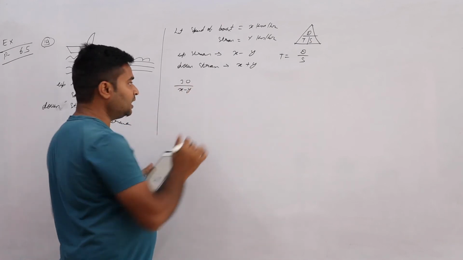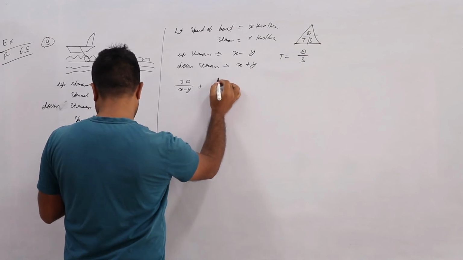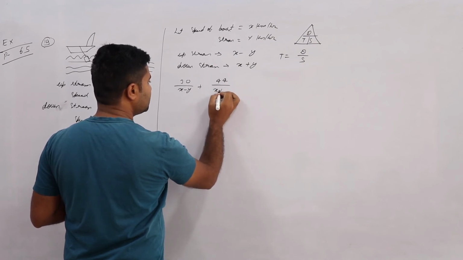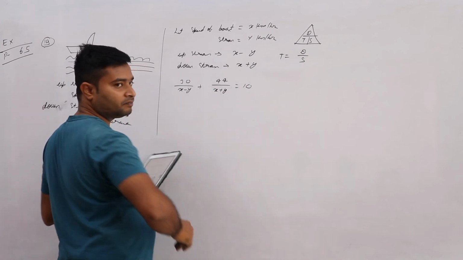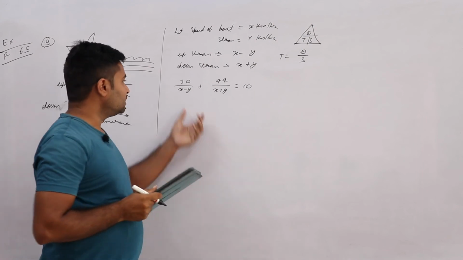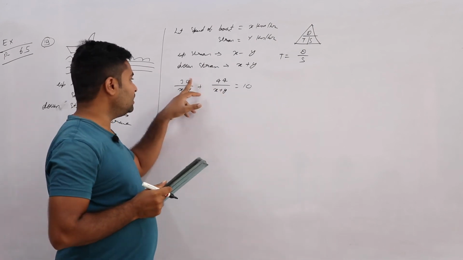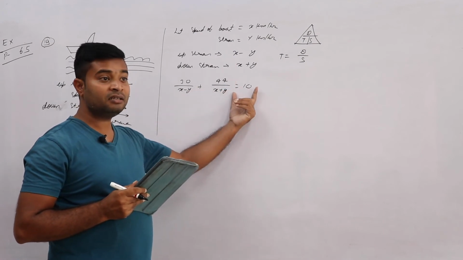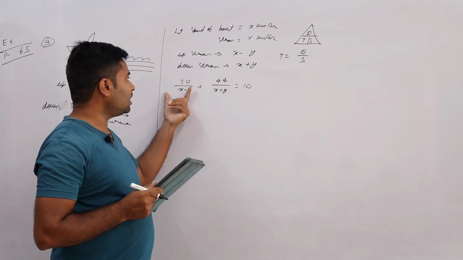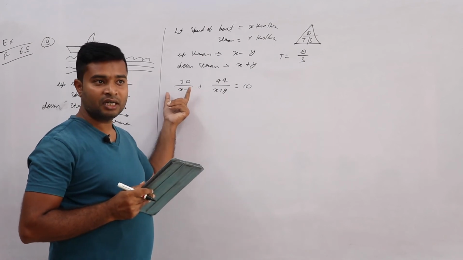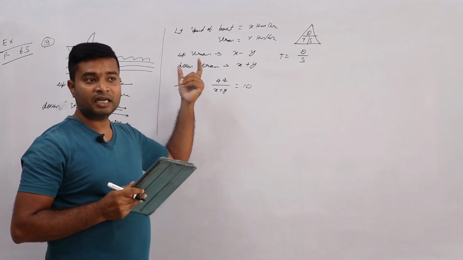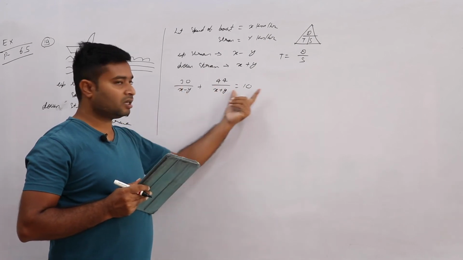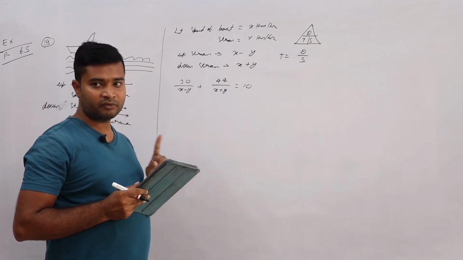Plus 44 by x plus y is equal to 10 hours. We have to find the time for upstream and the time for downstream, and the total time is 10 hours. This is the one situation.